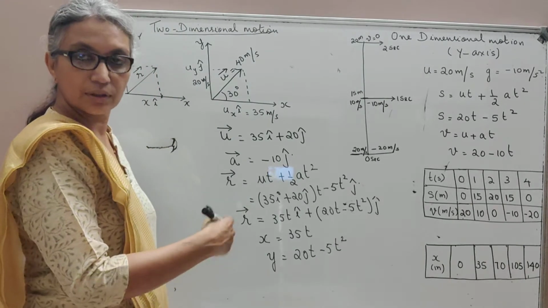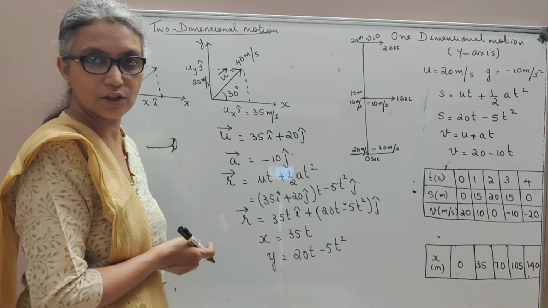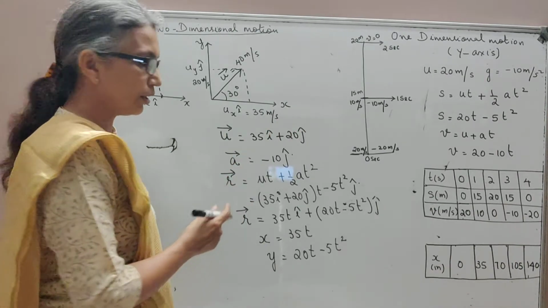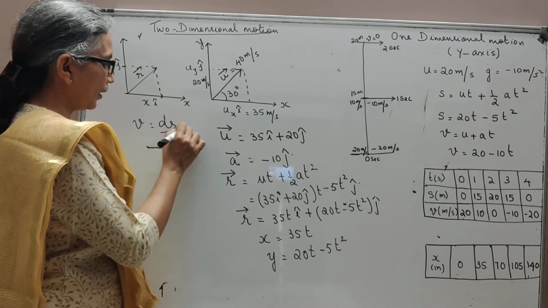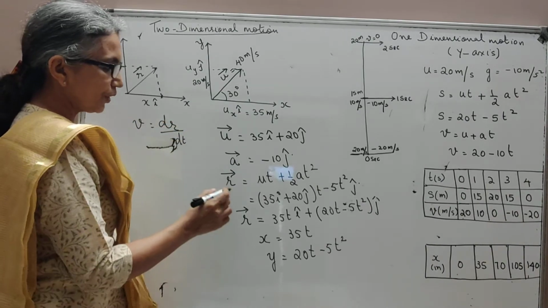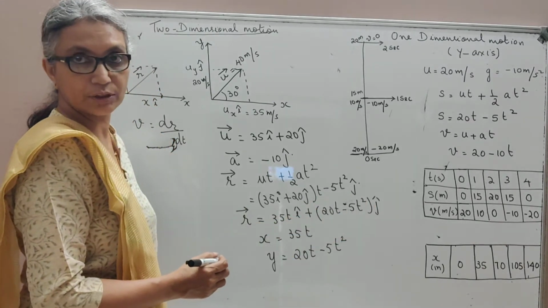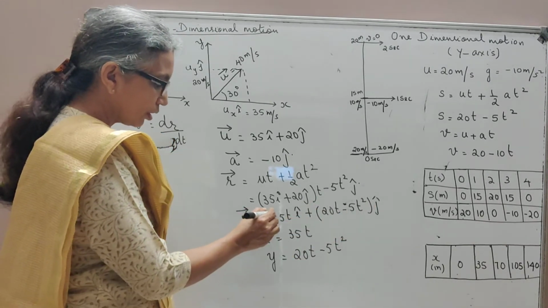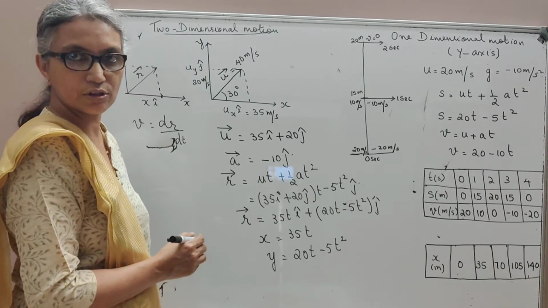Now I can also find the velocity of this particle, the instantaneous velocity as it is projected. The instantaneous velocity, as you know, is dr by dt. So I need to differentiate this r vector with respect to time. So that's what I'm going to do. Differentiate r vector with respect to time to get the instantaneous velocity.